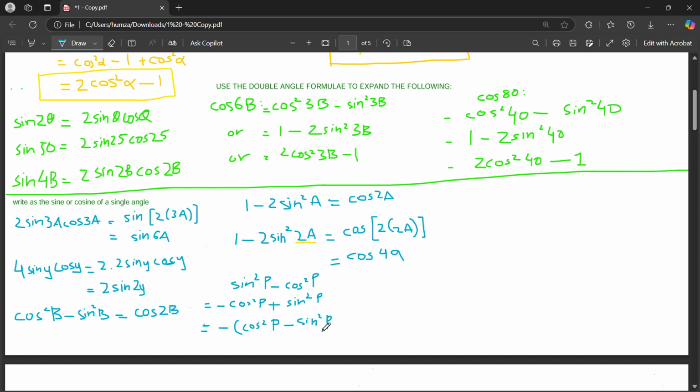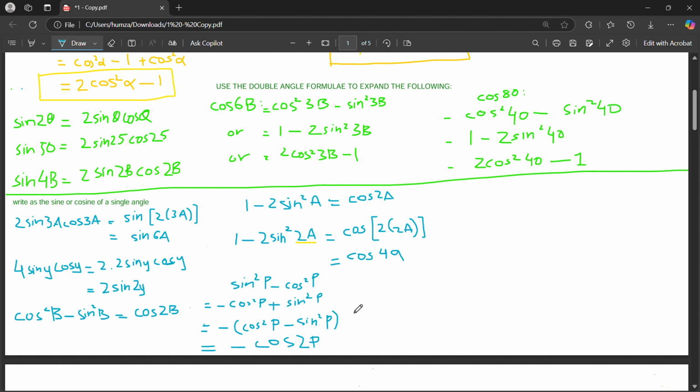So this is after factorizing. Now there is a minus bracket cos squared p minus sin squared p. Now this becomes your double angle for cos, and this will be your minus cos 2p. So these are the different types of exam questions.